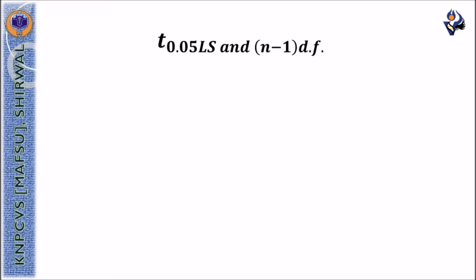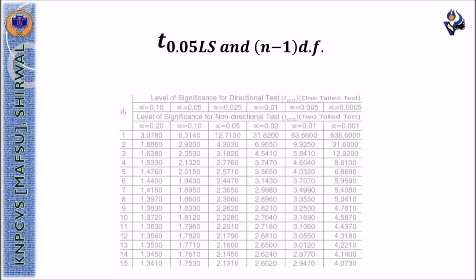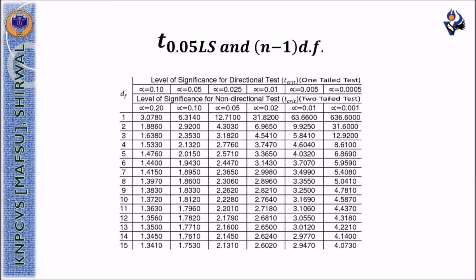Now when we say that t table value at 5% level of significance and at n-1 degrees of freedom, we need to refer the table of t distribution.